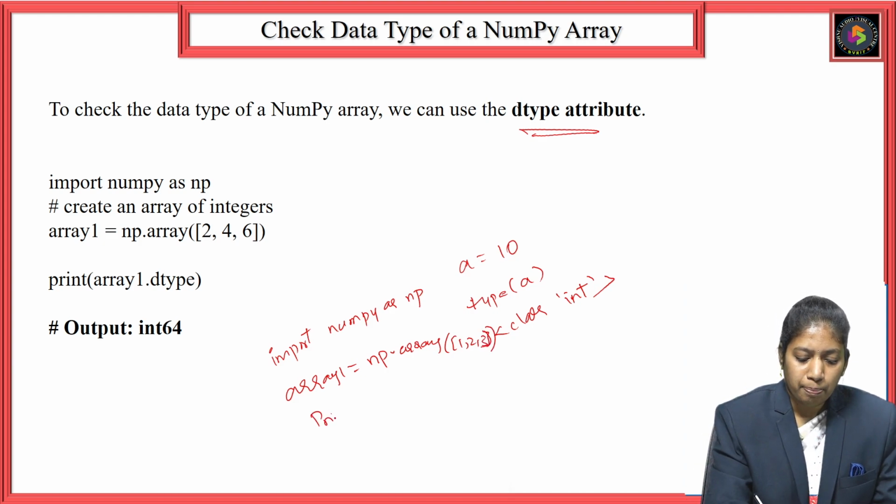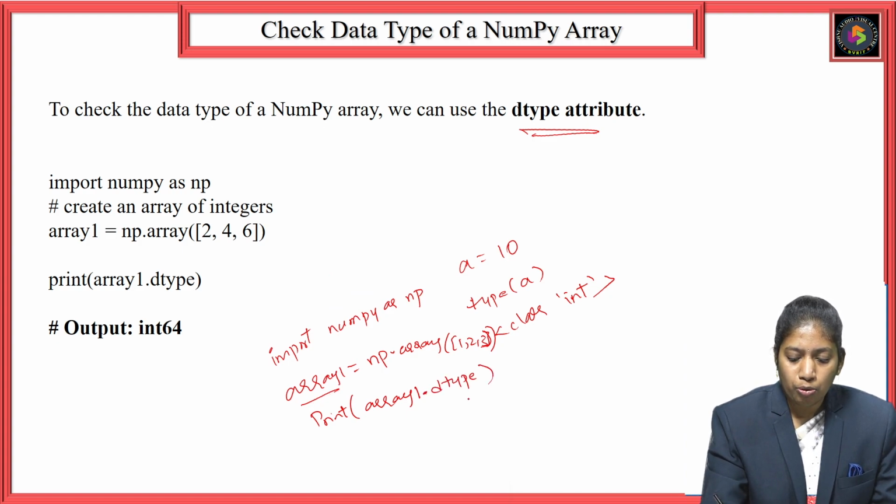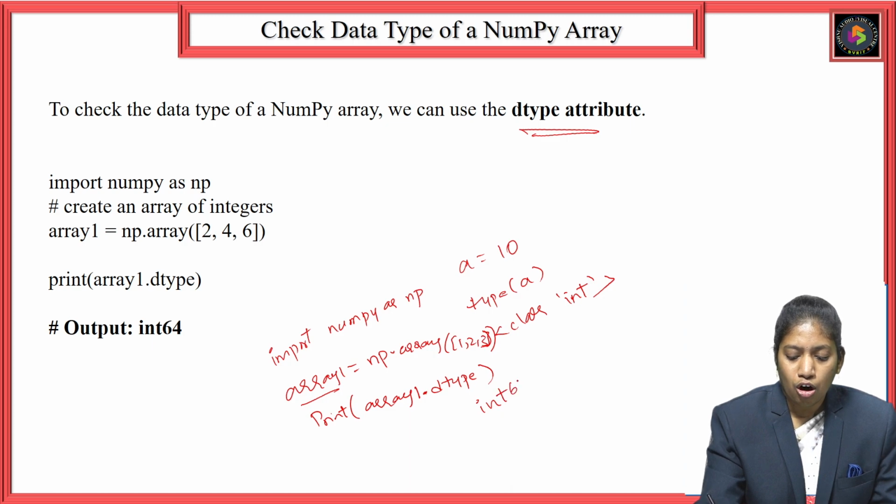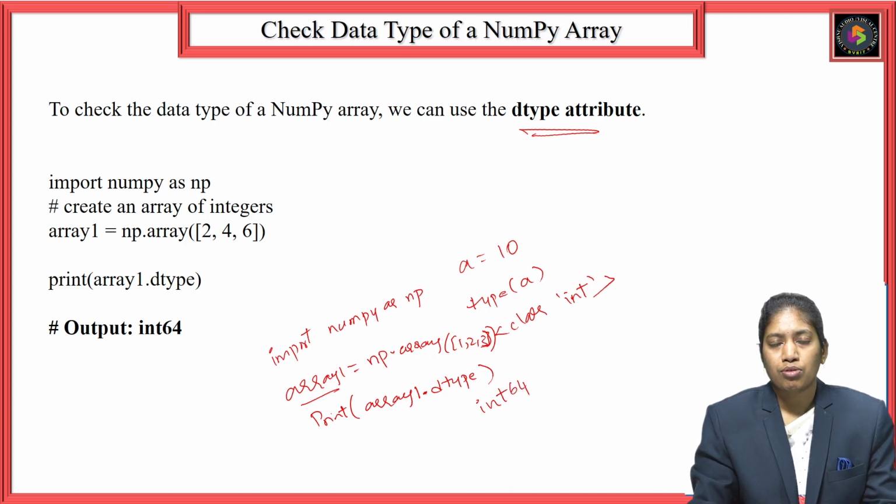Now I am checking print of array1.dtype. It will give the output as an integer value. The list has integer values, so it gives int of corresponding bit size, 64.